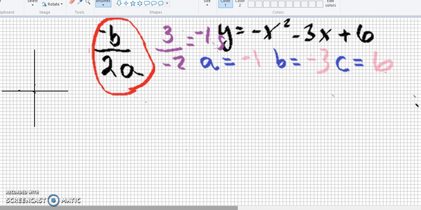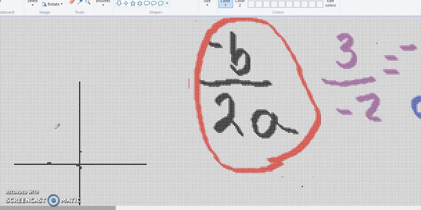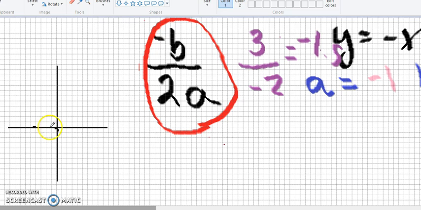Now that we see that, we can go over to our graph, and we can draw a line for our axis of symmetry. But the line doesn't have to be very defined, because it can kind of interfere with the graph. So it's just a little small line. I'm going to draw that now.